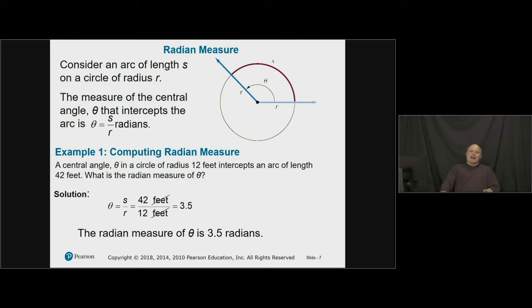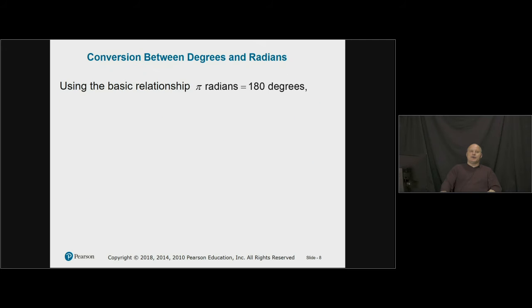Now, a lot of you probably can't really picture what that angle is, because degrees are what you're more familiar with. We will approach that soon to figure out what it is in degrees. Just let me tell you, 3.5 radians is more than 180 degrees, and I'm going to show you in a bit how you would figure these angles out in degrees.